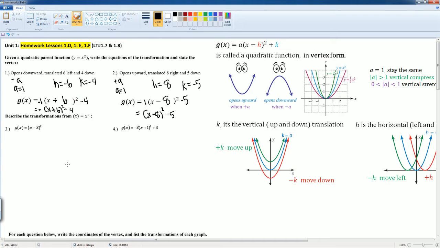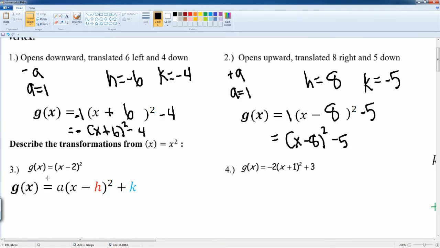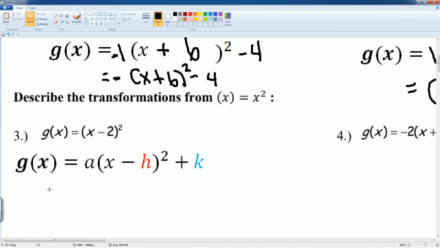Okay, so let's just grab our vertex form here to help us out for reference. Okay, so it looks like your a is a positive value. So a is positive, and then a is also equal to 1.